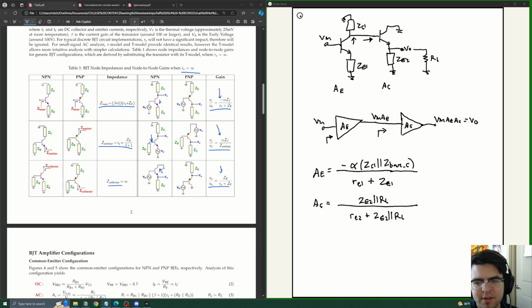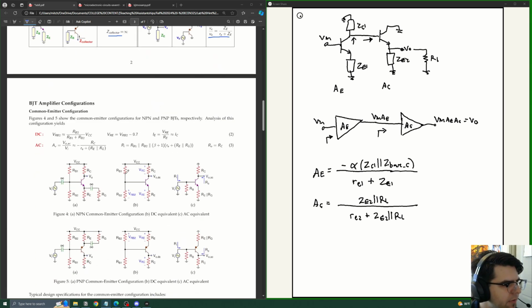So now let's look at each of the common configurations in a little more detail. The first one we're going to look at is the common emitter configuration. This is probably the most common one just because it's great for amplification. It has a decently large input impedance, so it's good for multi-stage amplifiers.